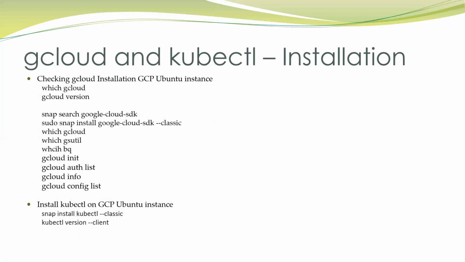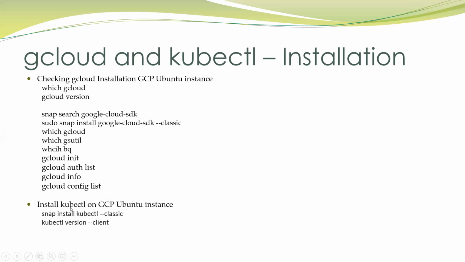First portion, we need to install gcloud. Actually, we are using Google Cloud, so by default it is installed. So we will just check whether we have it installed or not, and search whether the Cloud SDK is there or not. Otherwise, we will install the Cloud SDK Classic, right?